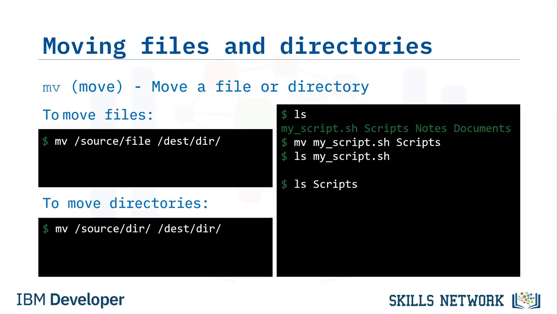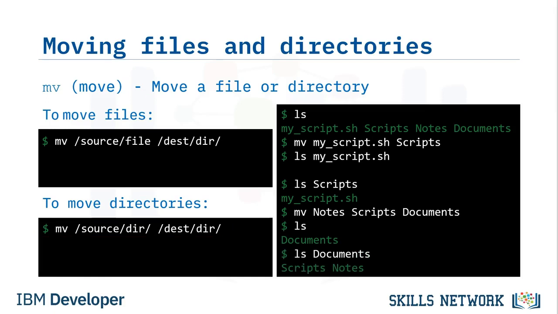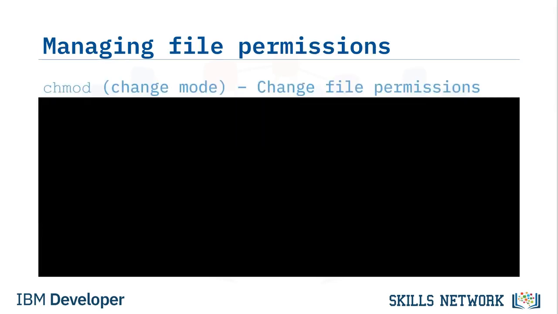But indeed, entering ls scripts shows that you successfully moved my_script.sh to your scripts folder. Next, you can move your notes and scripts folders to your documents folder using the syntax from the left. Perfect! You can see that your directory now just contains your documents folder, and that your documents folder contains the scripts and notes folders that you just moved.